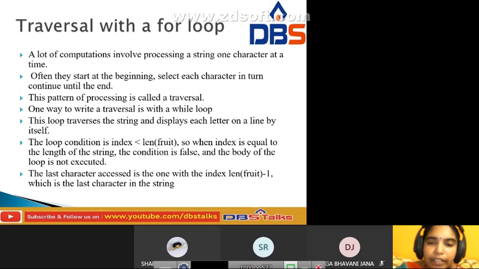They start at the beginning, select each character in turn, and continue until the end. This pattern of processing is called a traversal.